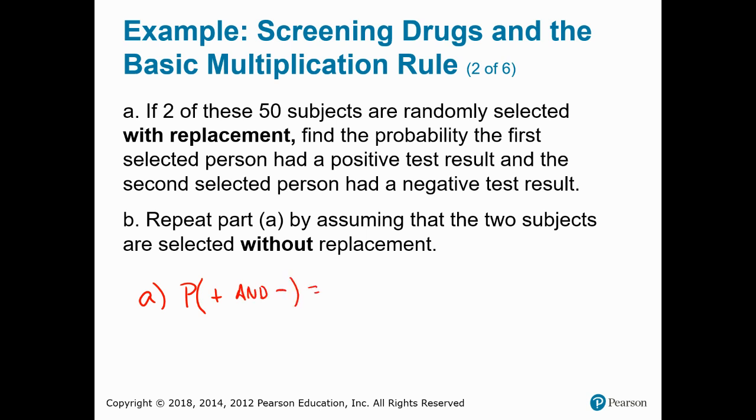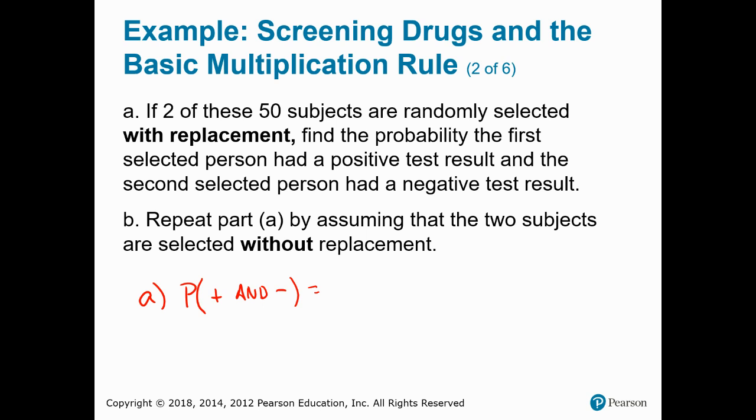And it says with replacement. That means once we pick that first person, we're putting them back in the pool. That's what with replacement means. And so that would be independent events. You treat that as independent because it's with replacement.